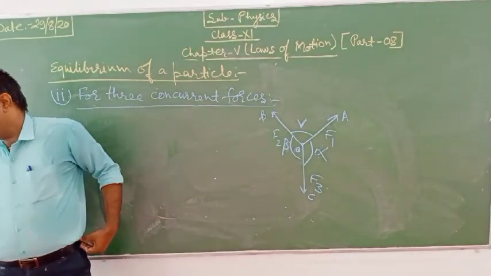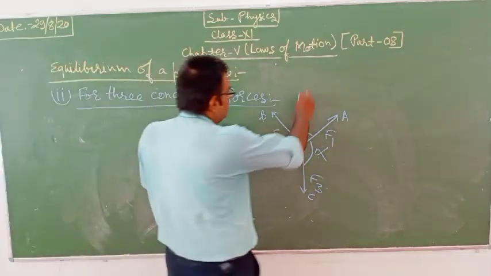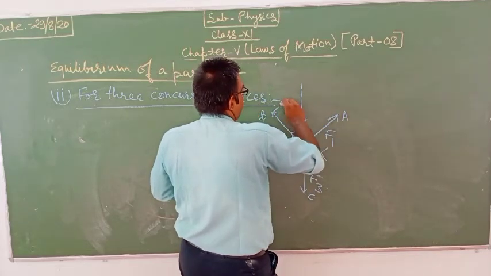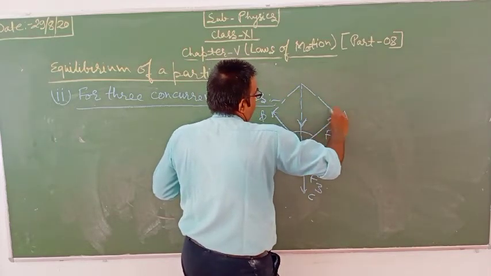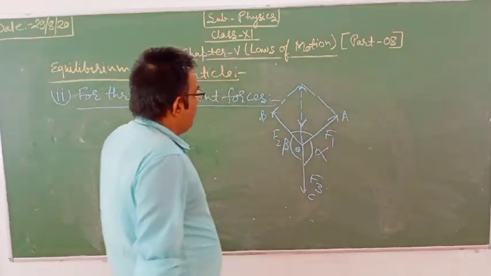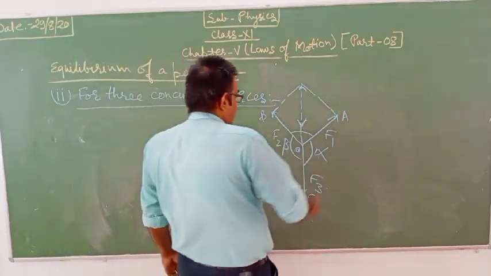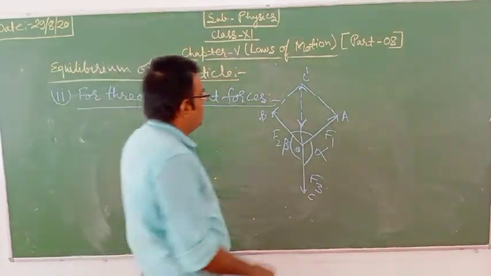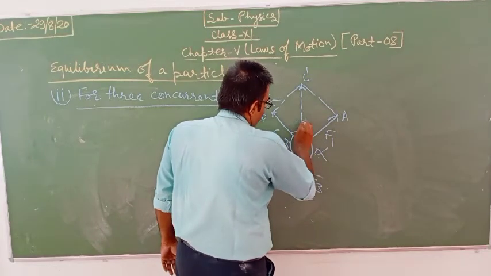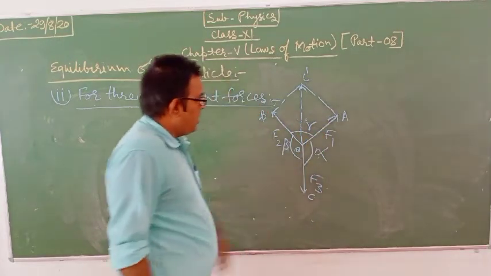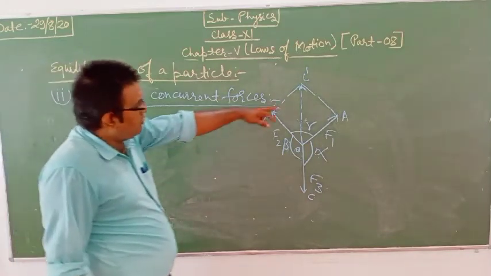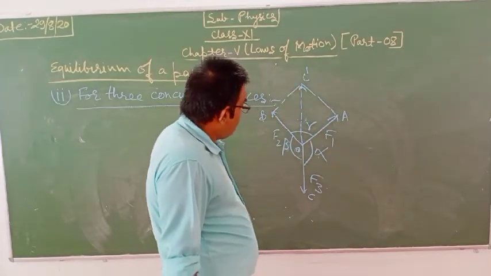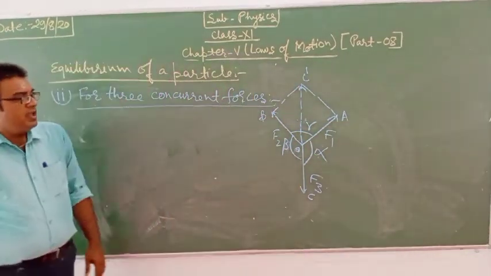We have to discuss three concurrent forces, so we have to find the resultant force, that is OC dash, which is the resultant of OA and OB, that is F1 and F2, and it is opposite to OC, that is F3.